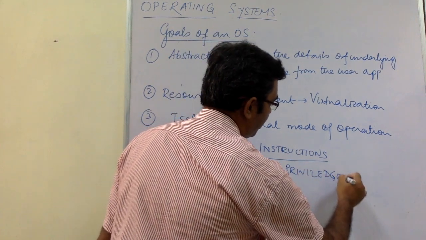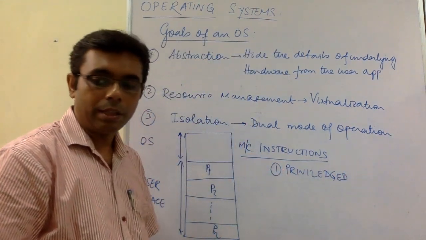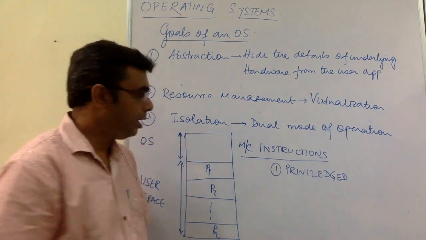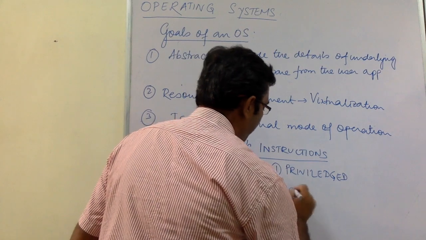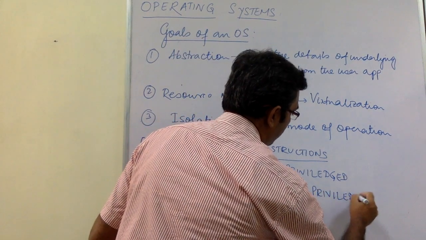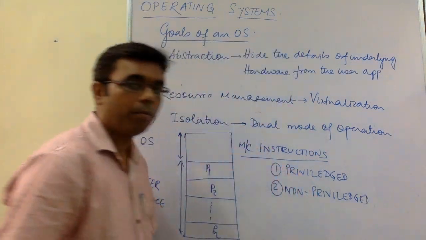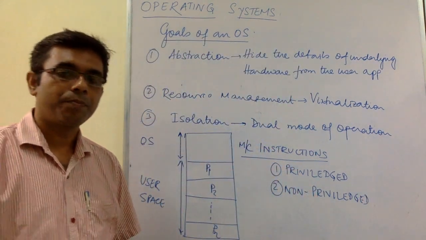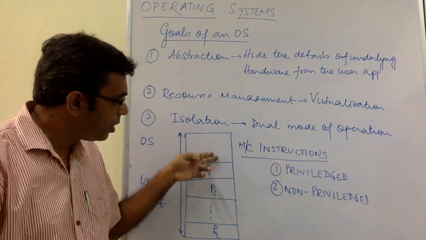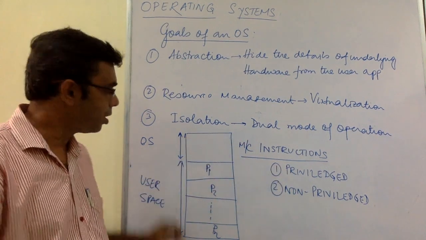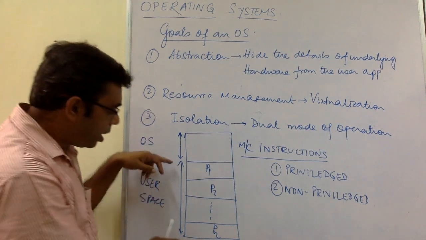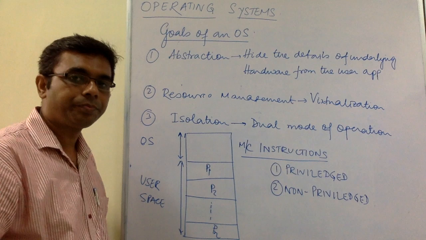That means they are special kinds of instructions that have to be executed by the operating system. And then some of them are non-privileged, which will be executed by the user applications. So obviously the privileged instructions will reside in the address ranges specified for the OS, and all others will be executed in this space.